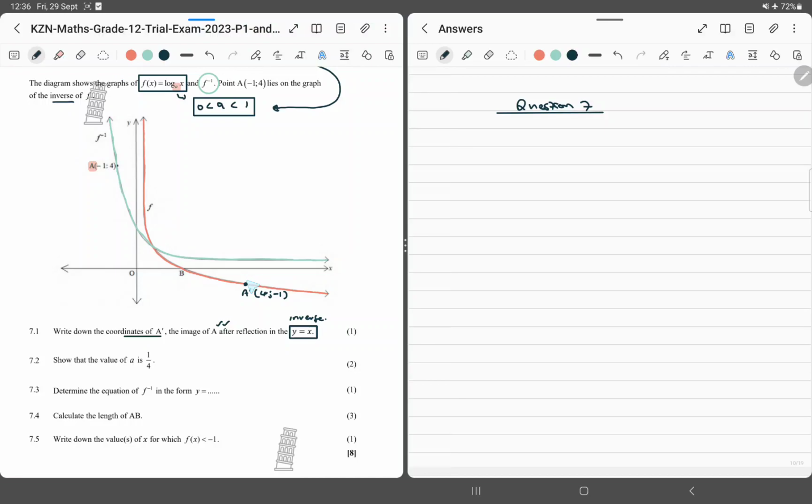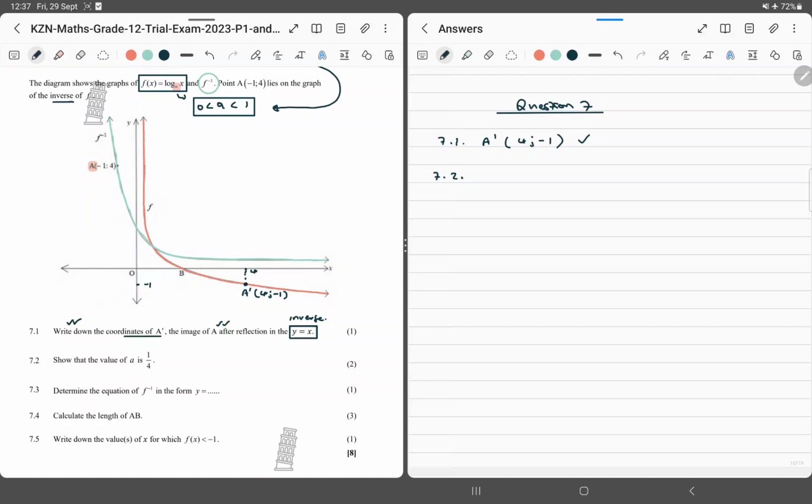So this suggests that this x-coordinate is at 4 and that y-coordinate is at -1. So that is what we are getting there. Essentially, the question said write down, so we do exactly that. 7.1, we know that A prime is going to be the switch of those coordinates. So you're getting 1 mark. So they knew that that was a piece of cake.